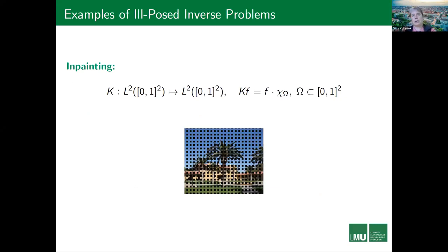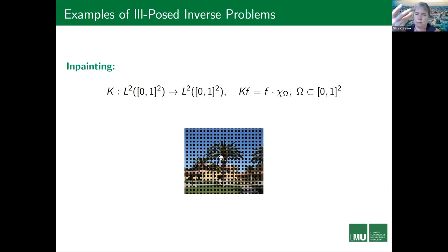Okay, so here are a couple of examples of such ill posed problems. So this is again the inpainting problem. We have our operator, let's say from L2([0,1]^2) to L2([0,1]^2), so always an image on a square. And then this operator just takes out a certain part. So this would be this operator, and now you want to invert it.